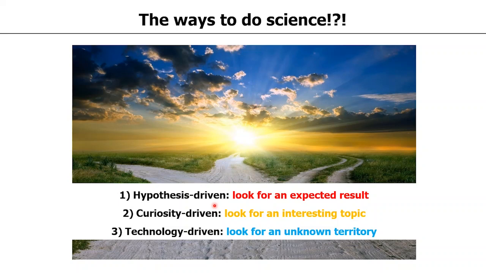Especially our funders are asking us to create new hypotheses and then propose some work to be carried out with the research budget. But I feel like this is a way to look for an expected result, because a hypothesis is coming from your brain, which means that it is based on the facts that you already know. So it is usually not so easy to find new discoveries with hypothesis-driven research, which is my opinion.